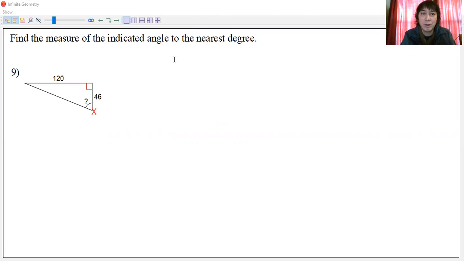Okay, so we shall begin using the tangent function. Tangent of x is equal to the ratio 120 over 46. There. Opposite over adjacent. All right, and we now have arctangent of both sides is equal to arctangent of the ratio.